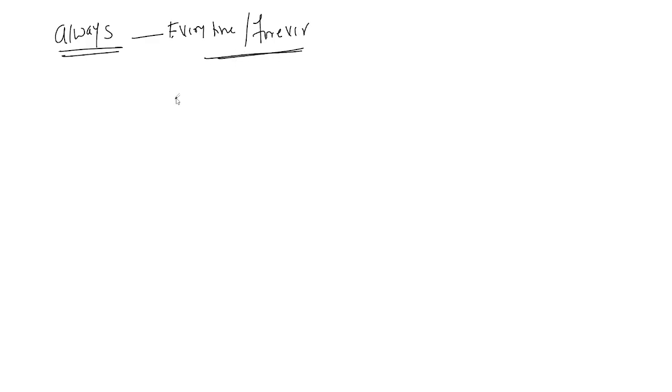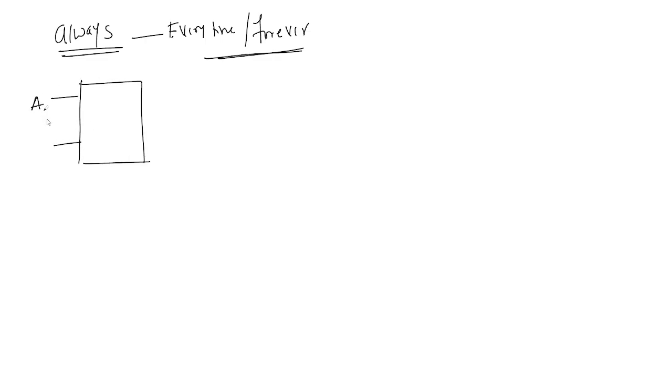So coming to always. This was about the initial block, and next is always. Always means what? Always means every time, or forever. Suppose I am taking a half adder circuit as an example. A half adder has how many inputs?